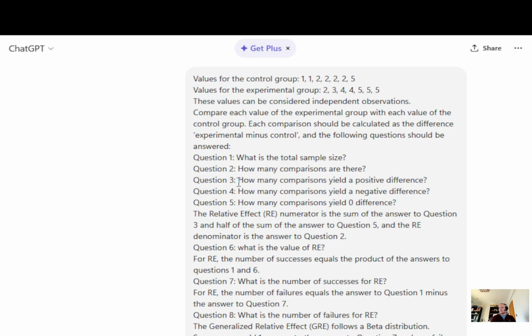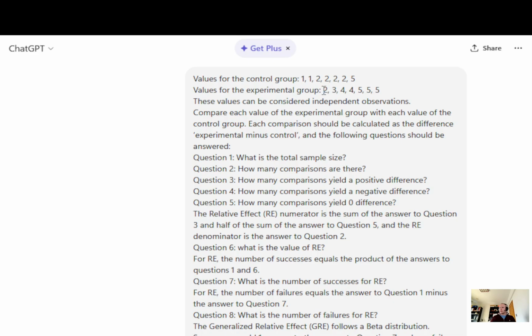And then questions 3, 4 and 5 are about the number of comparisons yielding a positive difference, the number of comparisons yielding a negative difference, and the number yielding a tie. Negative would be that the control group has a higher score, because then experimental minus control would yield a negative difference. And there are also comparisons that are going to yield a 0 difference, and that will happen where the value of the experimental group is the same as the control group.